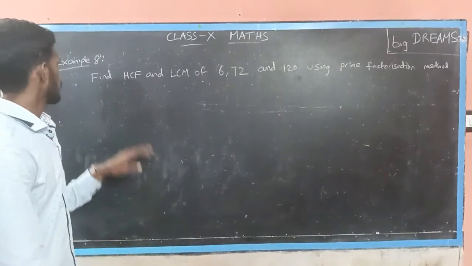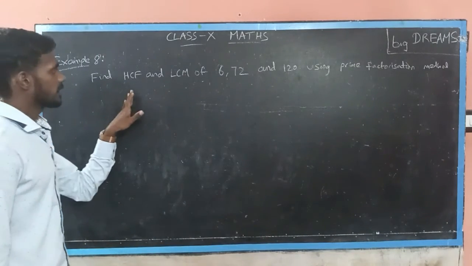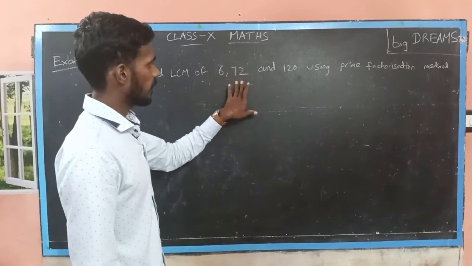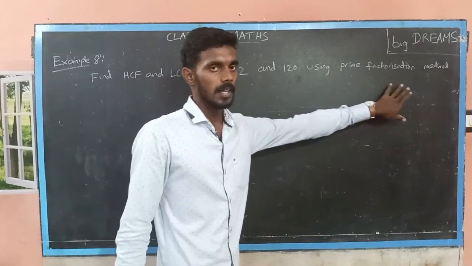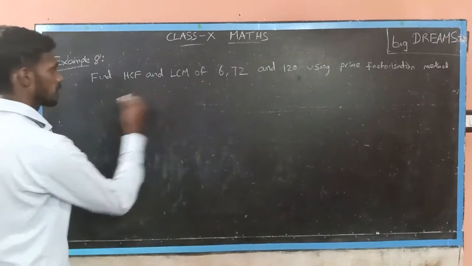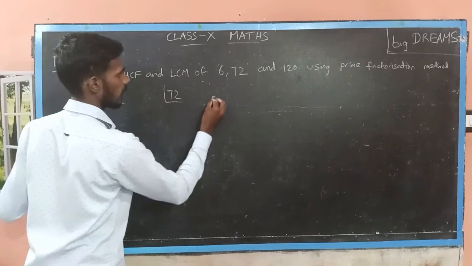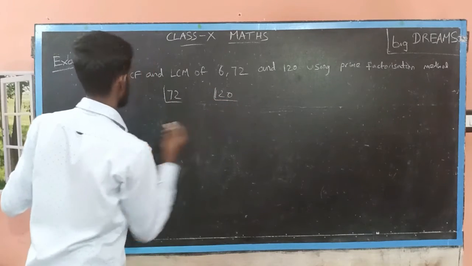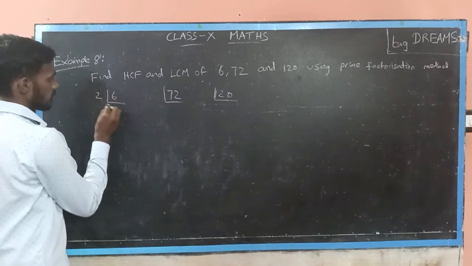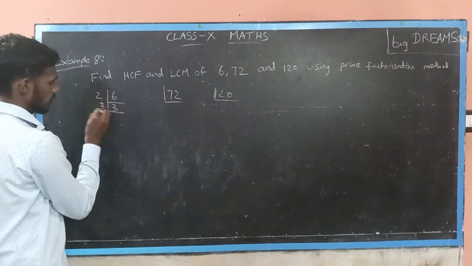Students, next the 8th example: find the HCF and LCM of the numbers 6, 72 and 120 using the prime factorization method. Okay, first for 6 and then for 72 and then for 120. Okay, first 2 3s are 6, then 3 1.